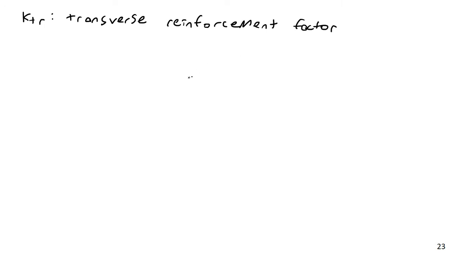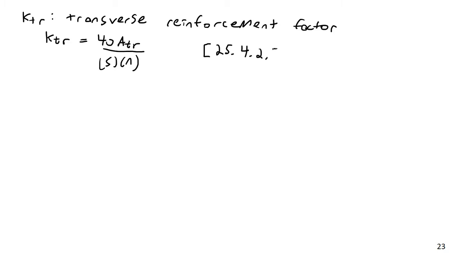And the formula for this is that KTR is equal to 40 times ATR divided by S times N. Not SN, but S times N, a quantity S and a quantity N. And this is equation 25.4.2.3.B.